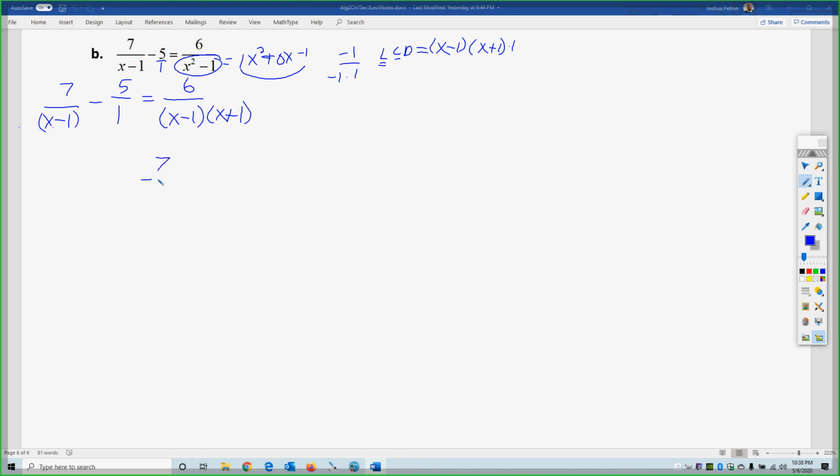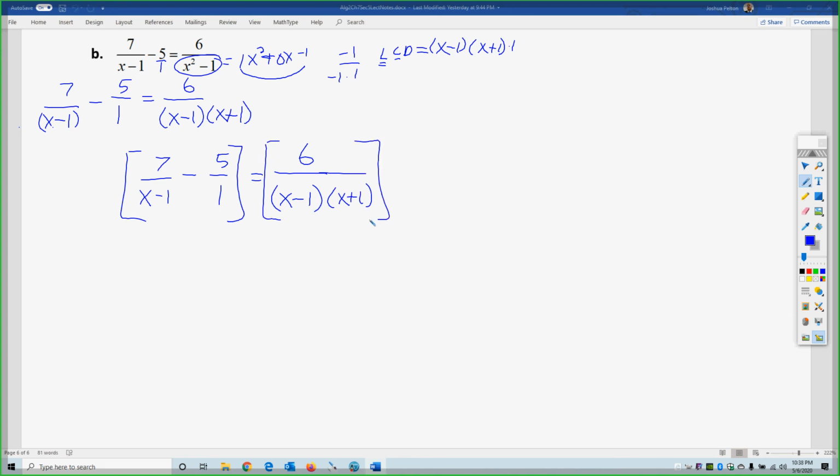So it's 7 over x minus 1 minus 5 over 1 equals 6 over x minus 1, x plus 1. Multiply by the LCD on both sides, which is x minus 1 times x plus 1, and x minus 1, x plus 1.